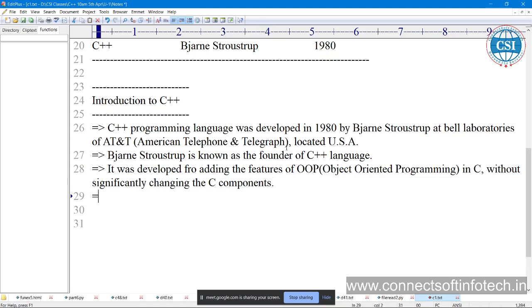Okay, addition of two numbers you can write in the POP purpose or OOP purpose, no problem. In the same console, means same Turbo C++, you can write the C code as well as the C++ code, no problem.